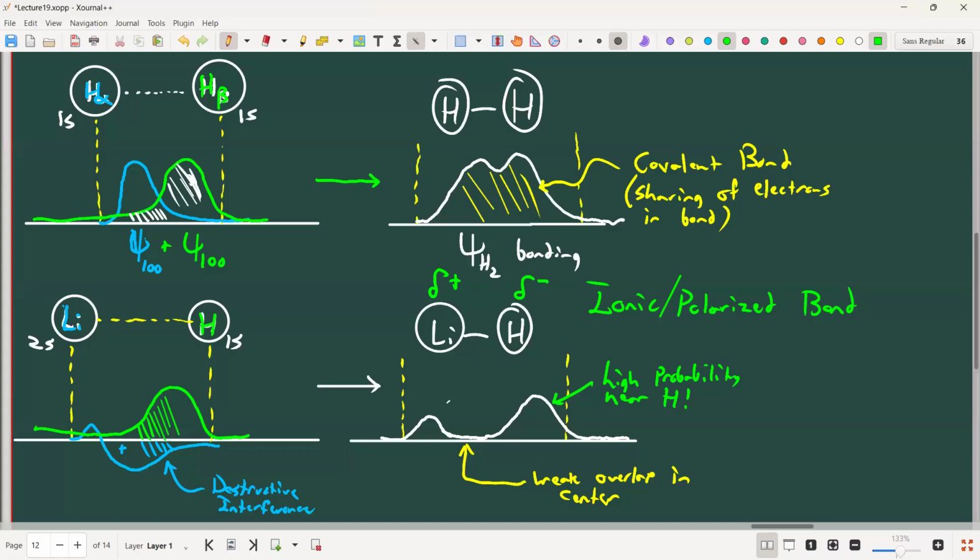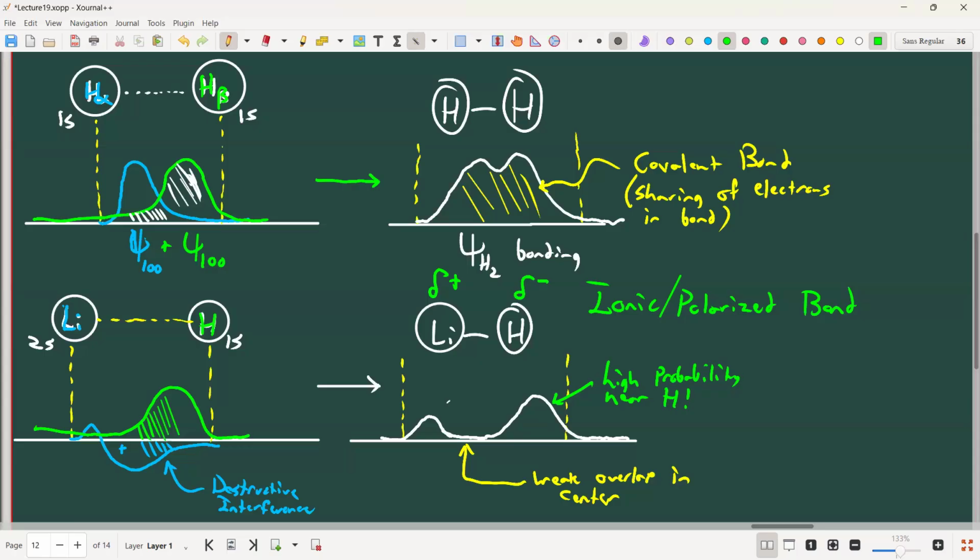Na2 is a stable gas phase molecule, a stable covalent molecule. The 3s orbitals actually align very nicely because of their oscillations, and you get some overlap between them. Na2 is not a common molecule, but you can make it in the gas phase. It's very hard to make Li2, for that reason.